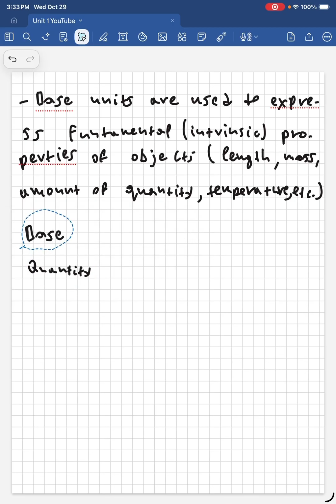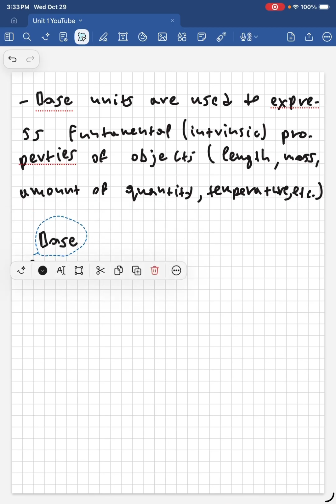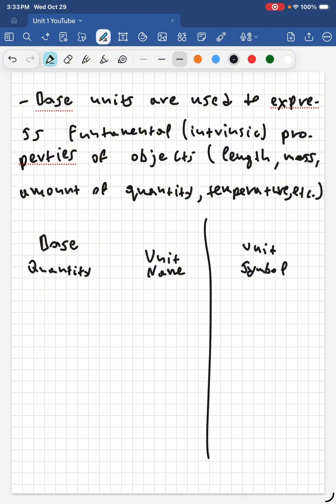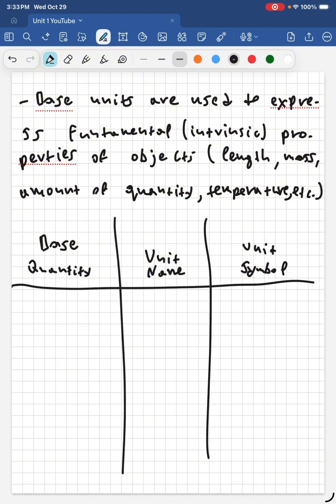And let's move this up there. Okay, that looks good. So, base quantity. So here we're gonna list things like mass, time, etc. Unit name and unit symbol will be recorded in this table, okay? So, 7 base units or quantities, okay?